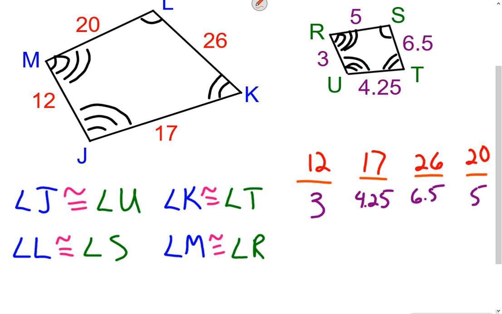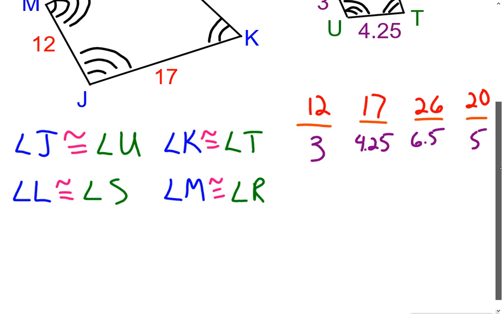So now I have these 4 ratios, but if these quadrilaterals are really going to be similar, those ratios have to be equal. That's the proportional part, ratios that are equal. Well, if I simplify each one of these, 12 over 3, that's the same thing as 4. 17 over 4.25, that also equals 4. 26 over 6.5, 4 again, and 20 over 5 is 4.